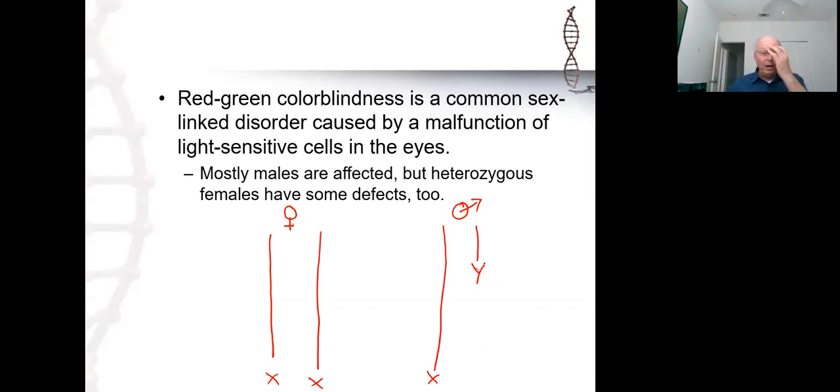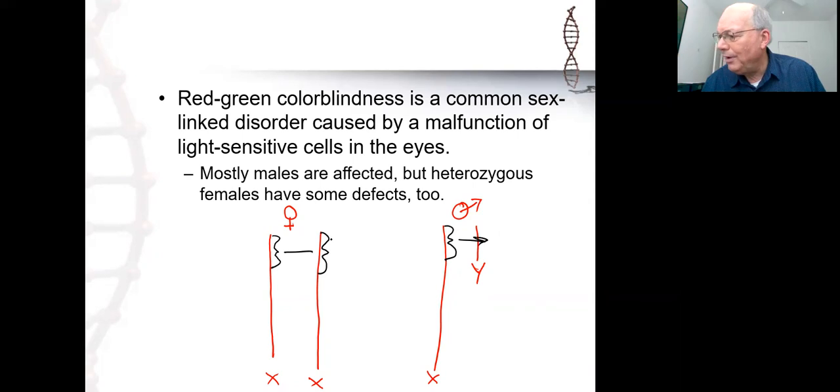This is the XY for the male. Any genes that are located in this region, the male has a matching region in the Y, so does the female. And in fact, for the female, she has matching regions all the way down, but the male is missing this region.